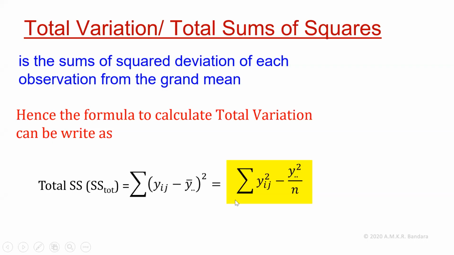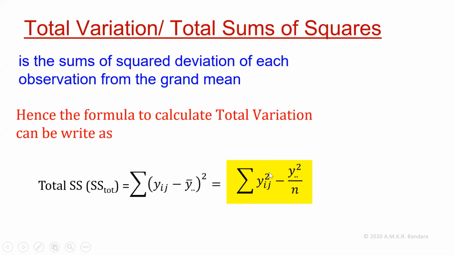Using the shortcut formula, you can calculate total sums of square as summation yij square. Here yij represents any observation, the ith treatment, jth replicate. So you have to square all the observations in the data set and take the summation of those squared observations.